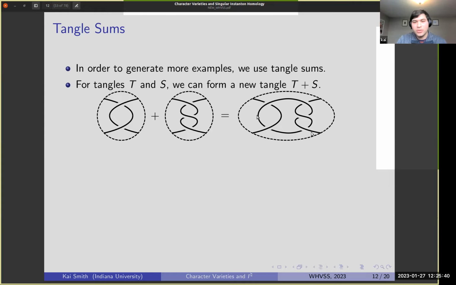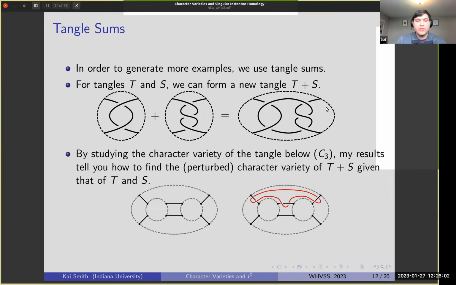So that's what this picture here is. Hopefully it's clear what happened. We just smush these together. And the idea is if we understand the character variety of each of these two tangles that we're summing, can that help us understand the character variety of the tangle sum?